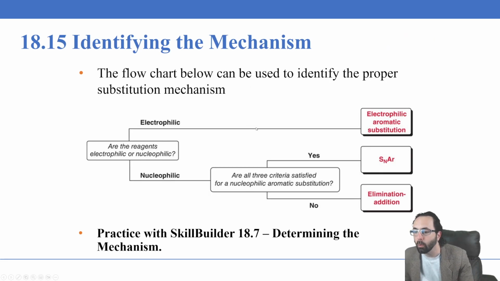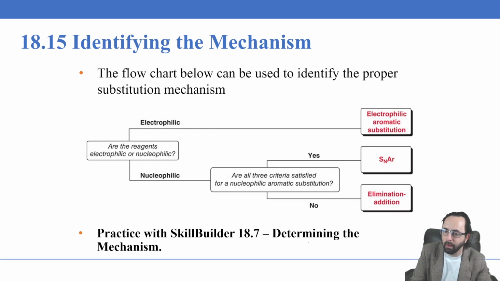So how will we know which mechanism will occur? Will it be the electrophilic aromatic substitution, the nucleophilic aromatic substitution, or the elimination and addition? Well, first of all, you should think of the reagents. Is the reagent a nucleophile or is it an electrophile? If the reagent is an electrophile, for example, we had lots of them.